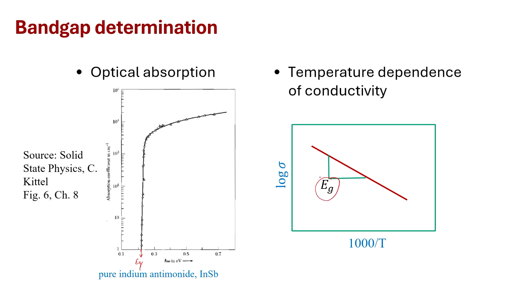So, basically you can say sigma is equal to sigma naught times exponential of minus Eg by kT, and that should give you the conductivity. So, minus Eg by k will be the slope. These two methods, either temperature dependence of conductivity or optical measurements, can give you the value of the band gap of the semiconducting materials.